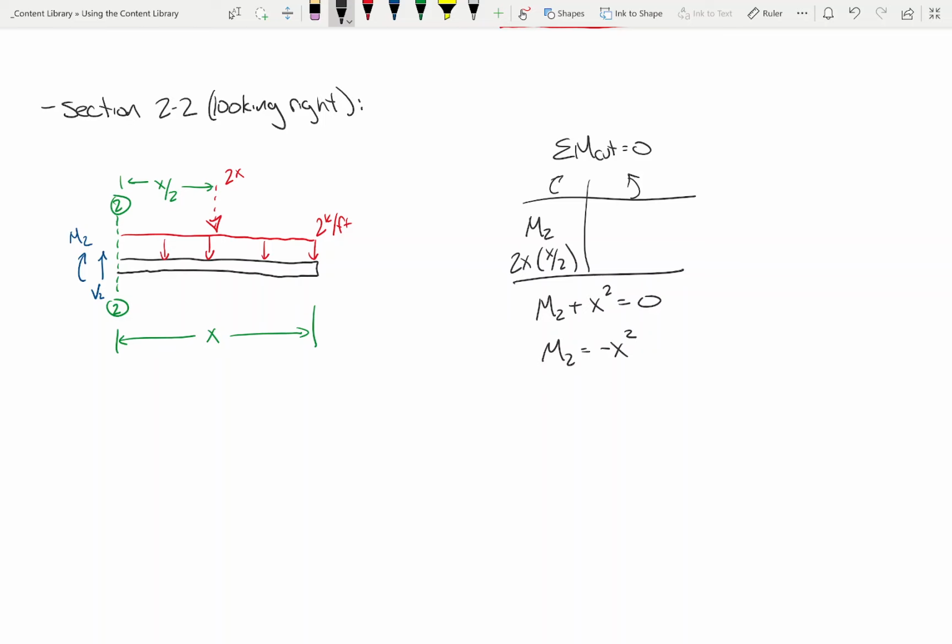And this is going to be valid, because we looked to the right, we've got to keep in mind that this is valid from x equals 0, but it goes this way, right? So x equals 0 to x equals 15.